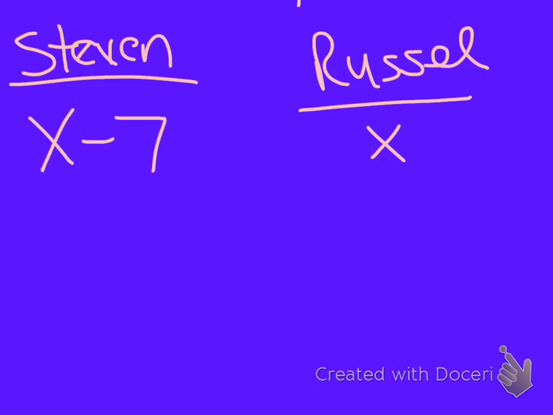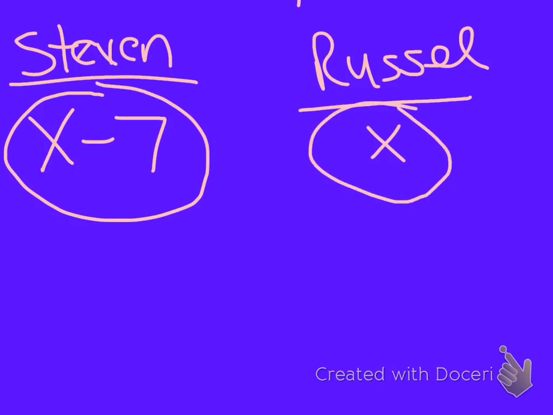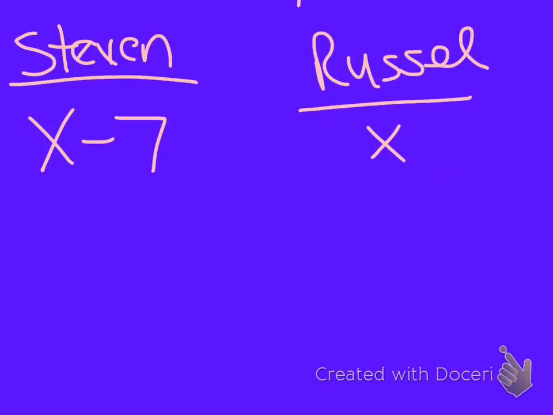And it says together, Russell and Stephen planted 73. So when it says together they planted, is that add, subtract, multiply, or divide? Add. So this is how much Stephen planted, and this is how much Russell planted, and together they planted 73, so you're going to put an add.